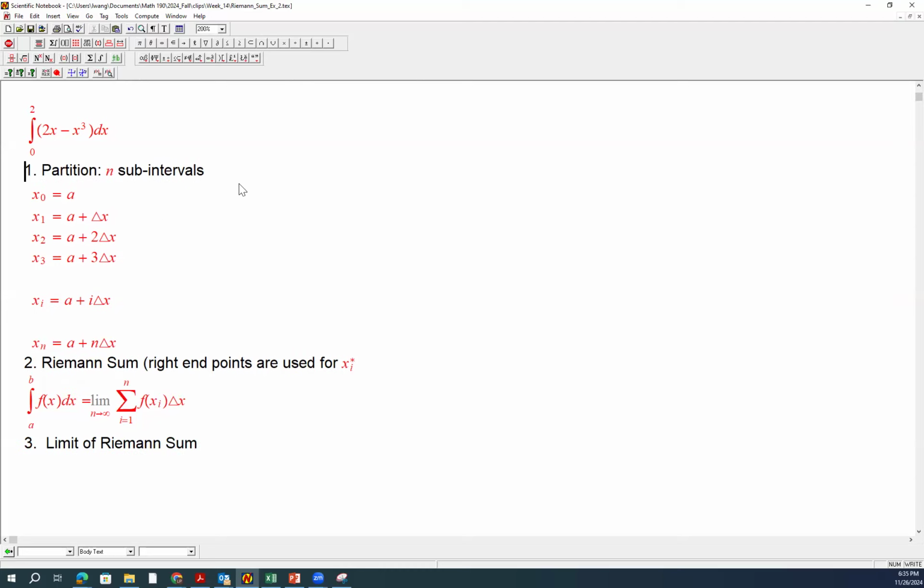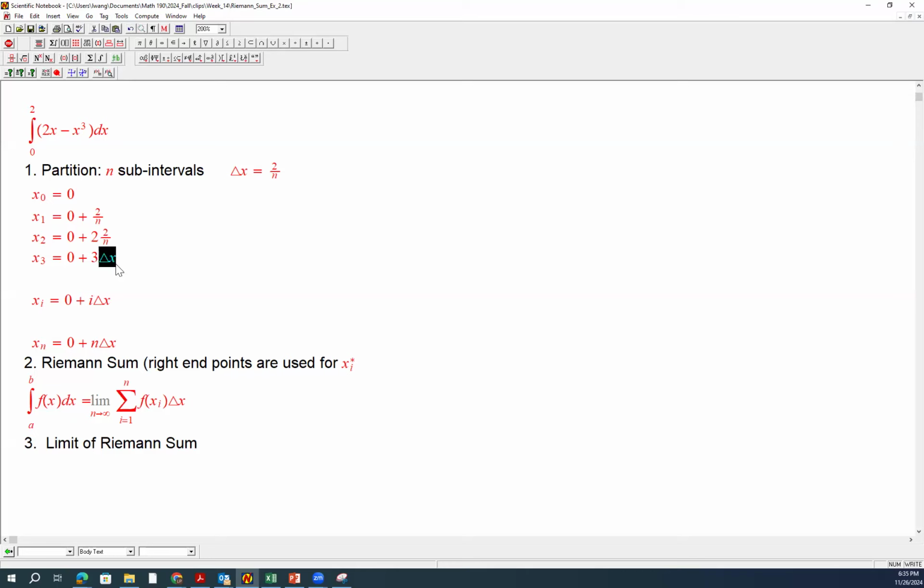And delta x is going to be obviously 2 minus 0, so that's 2 over n. A equals 0, so all the a equals 0. Delta x is 2 over n. So it looks like this one is easier.